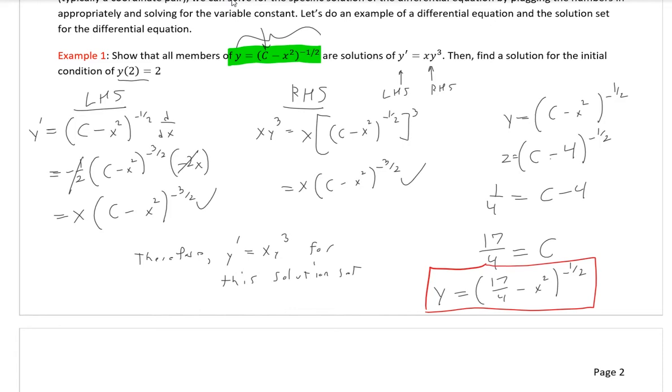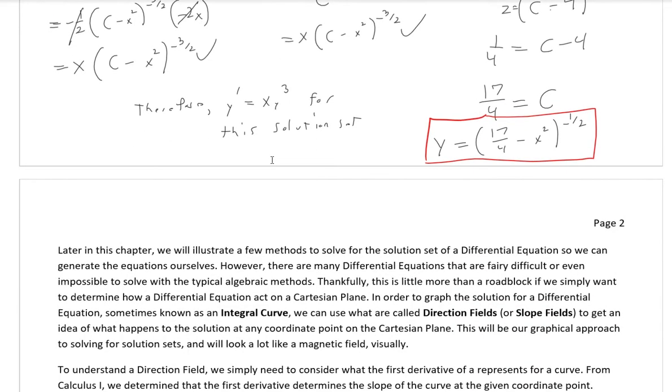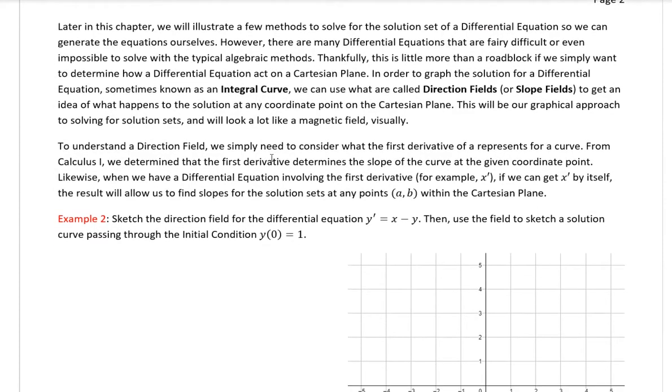That's very often not going to be the case, particularly in real life cases. And there are also a lot of differential equations that are just not possible to solve, or at least definitely not right now. So what we're going to talk about here in section 9.2 is how we deal with these quote-unquote unsolvable differential equations, or how we can view what they would look like without knowing too much else about differential equations.